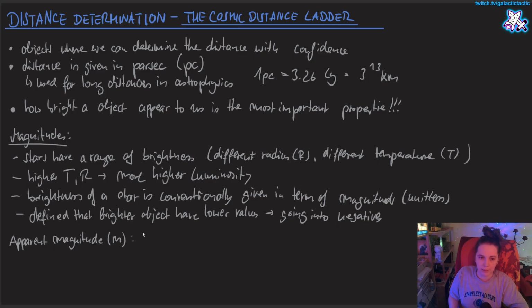So the apparent magnitude says how bright an object appears to us from Earth.